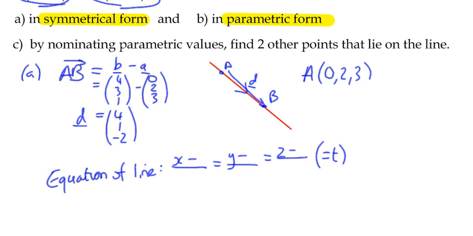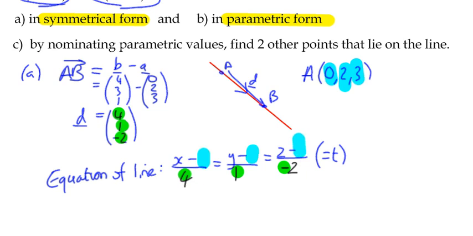And so we've got 2 numbers to fill out in each fraction. The bottom number is going to be our direction vector. So our 4, 1, negative 2 goes here, here, and here in order of x, y, and z. And the top numbers are going to be my point. Okay, so I've got 0, 2, 3.